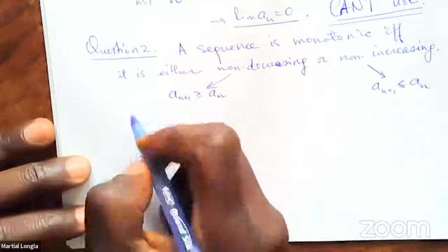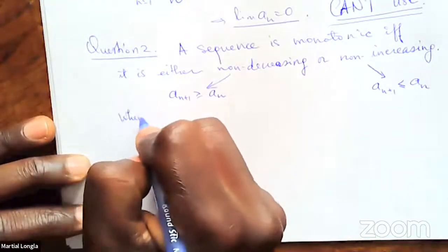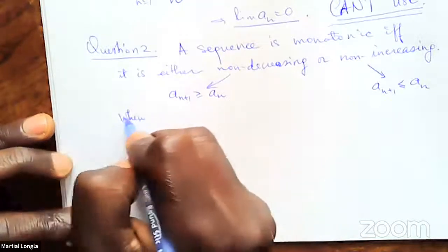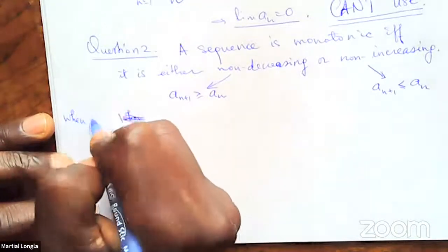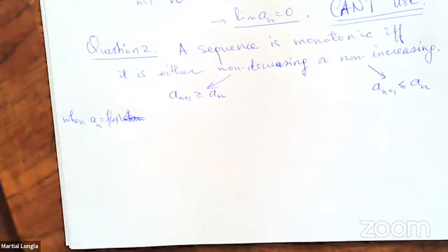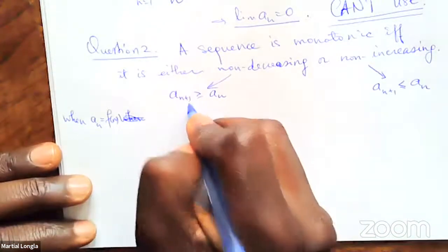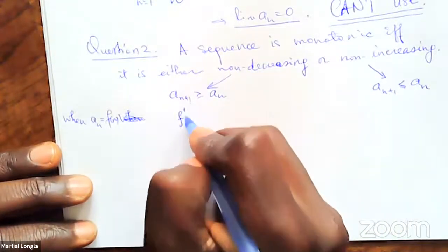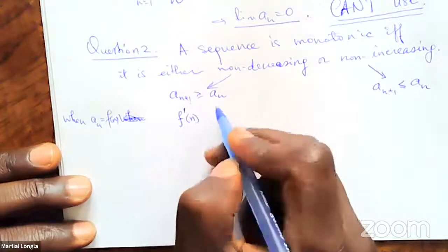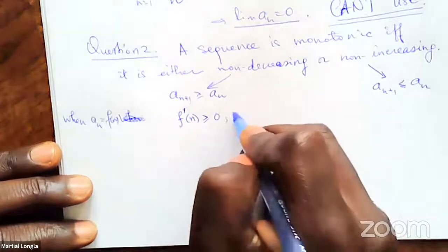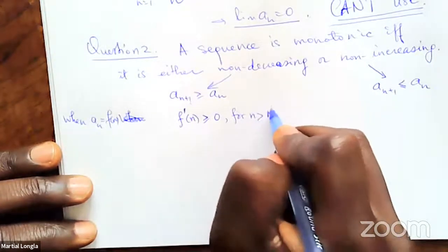In a particular case, when an equals f of n, where f is a function that is continuous with a derivative, non-decreasing would mean f prime of n larger than or equal to 0 for n larger than a given threshold.